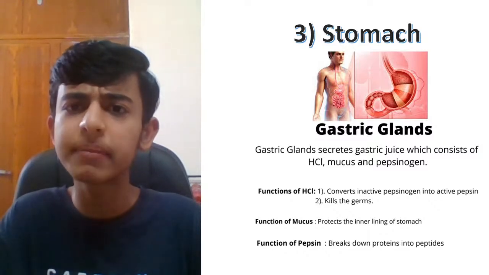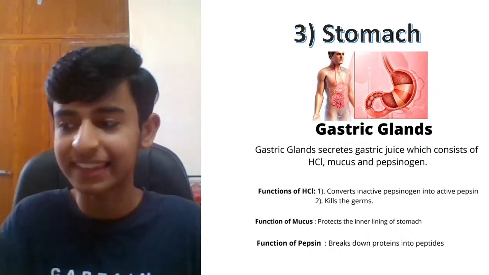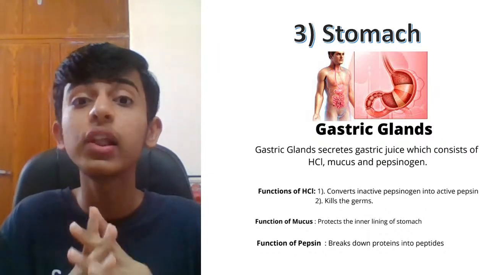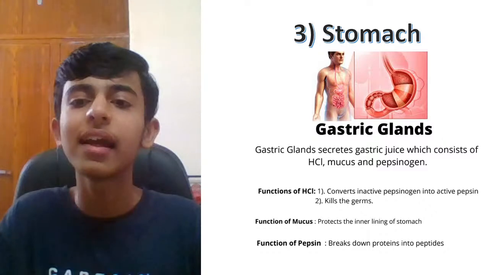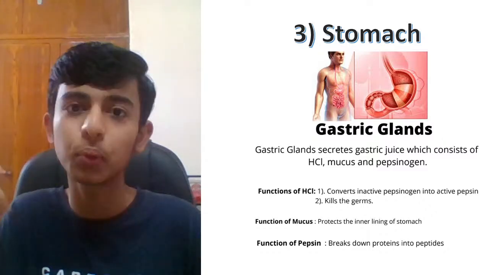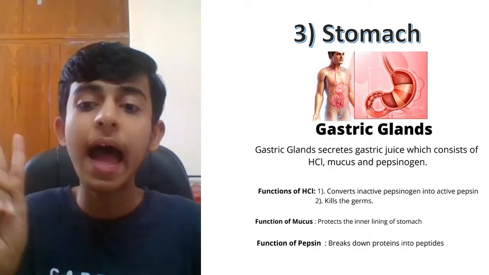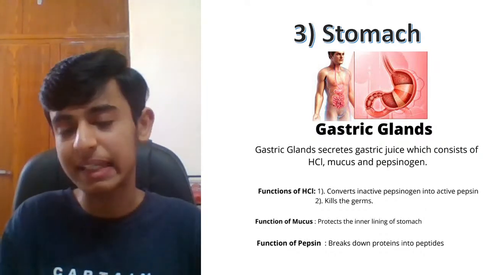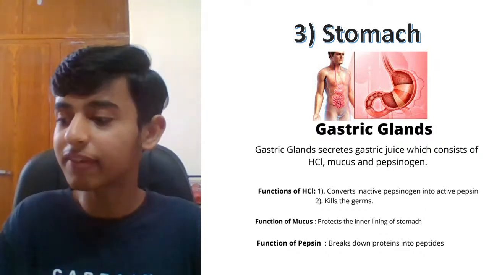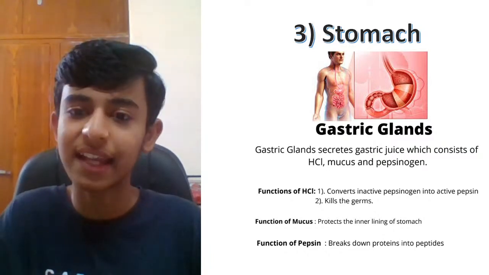There are many germs which enter along with our food, so HCl is going to kill them as an acid, because it has a low pH. I hope you know about pH. I think it has a pH of 2. So this HCl is first going to kill the germs, and secondly it is going to activate the pepsin. This is a very important thing that we need to understand.